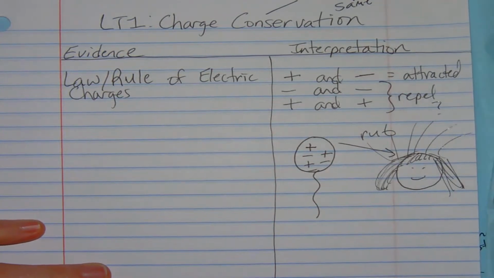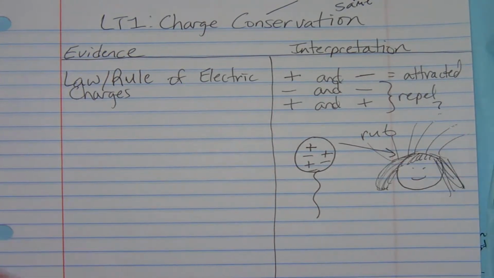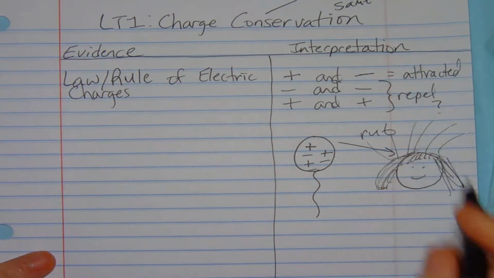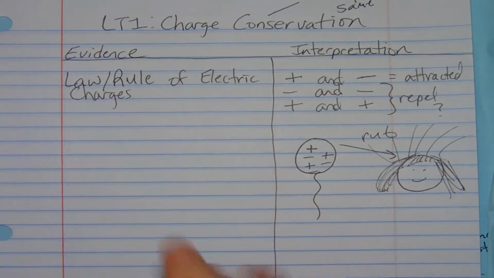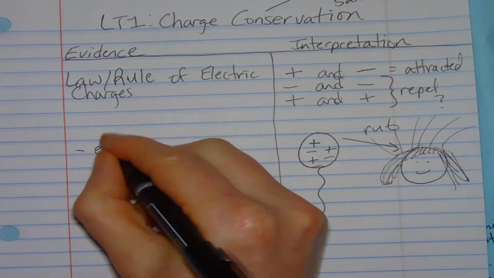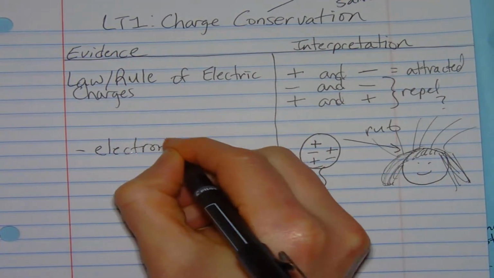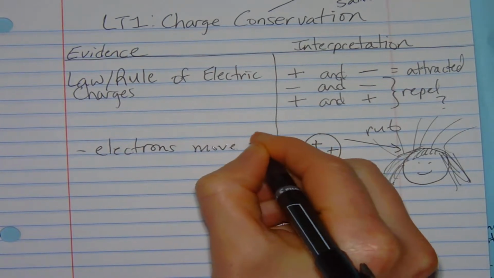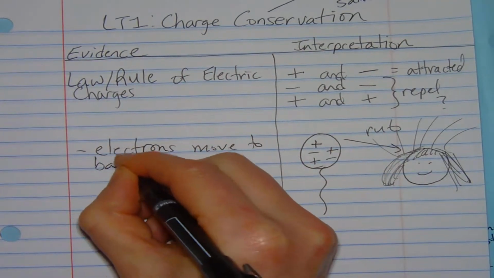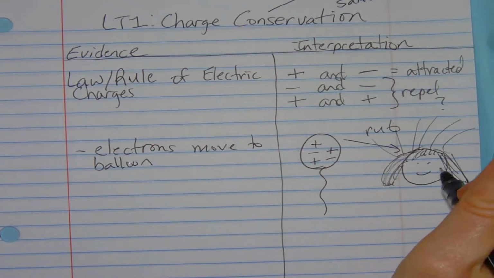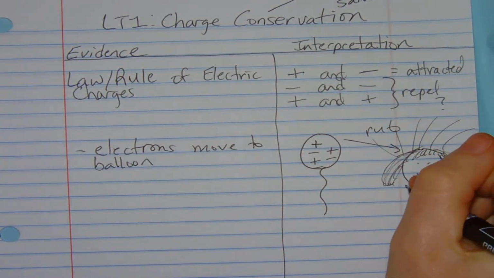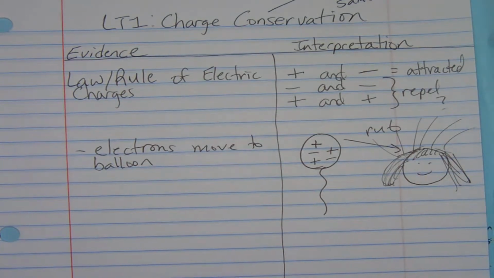So how does that happen? If you've run the simulation on Moodle, then you know that electrons move back and forth. The negatives move back and forth. So electrons, in this case, move to the balloon. Normally, as you're sitting there today, your hair is probably not sticking up unless you intentionally made it stick up.